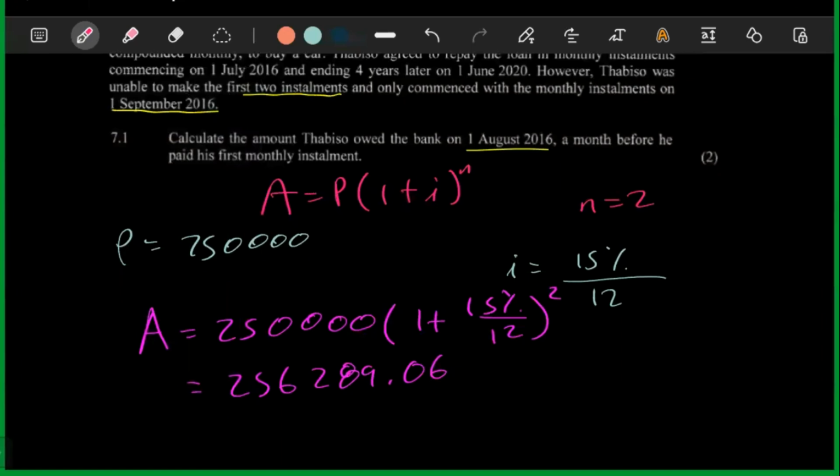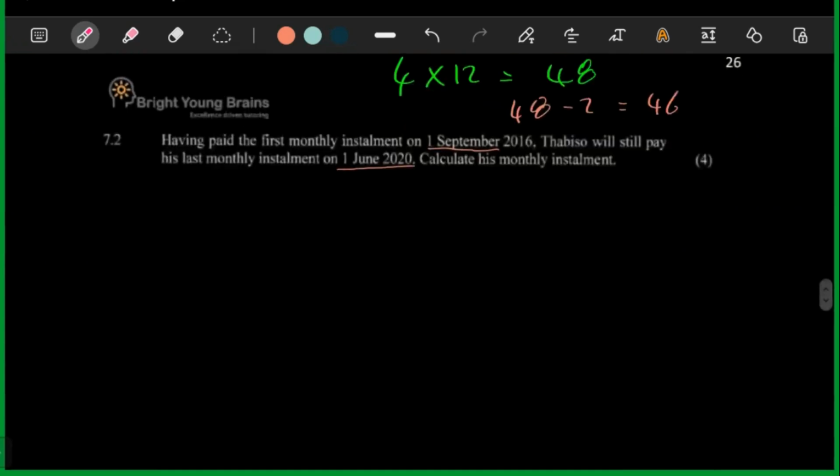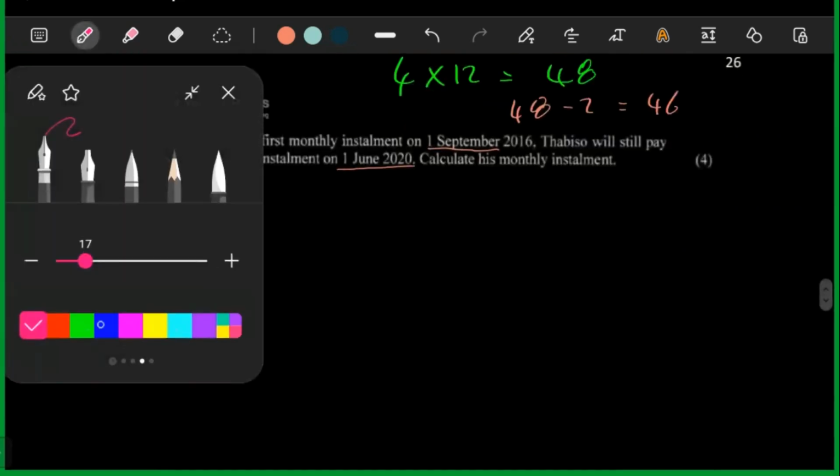Since he has 46 months to pay that money, it's just a normal compound interest formula question, where we just have to work out the value of x with all the other information they have given us. So let's see what the value of x is going to be.